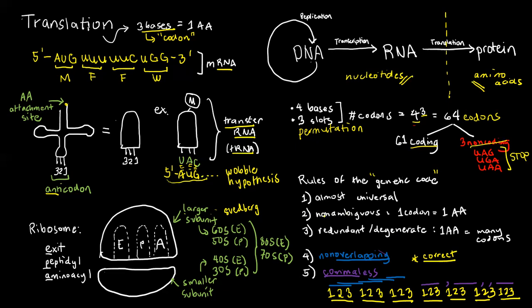Two, the genetic code is said to be non-ambiguous, or in other words, not confusing. How do we make this not confusing? It means that every codon, out of those 61, is equivalent to only one amino acid. The 61 codons do not have multiple meanings. For example, if I say that UGG is equal to tryptophan, I mean it. It does not change.